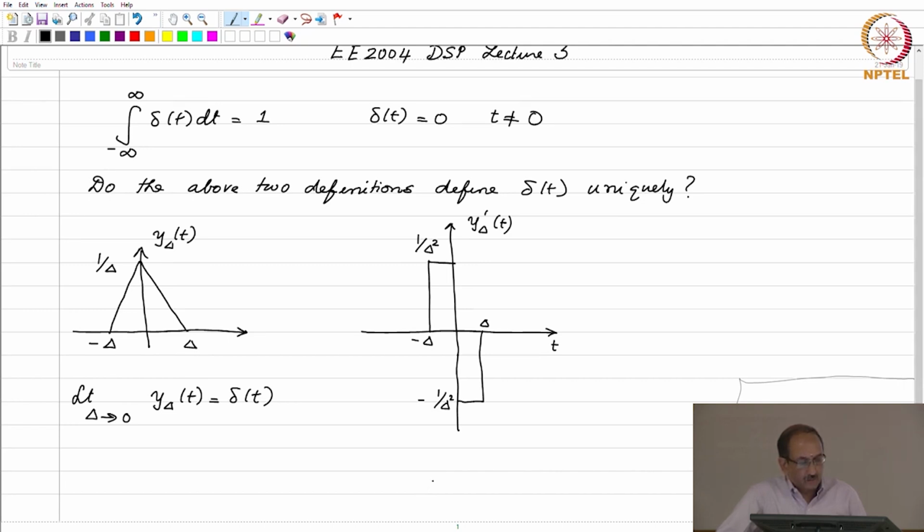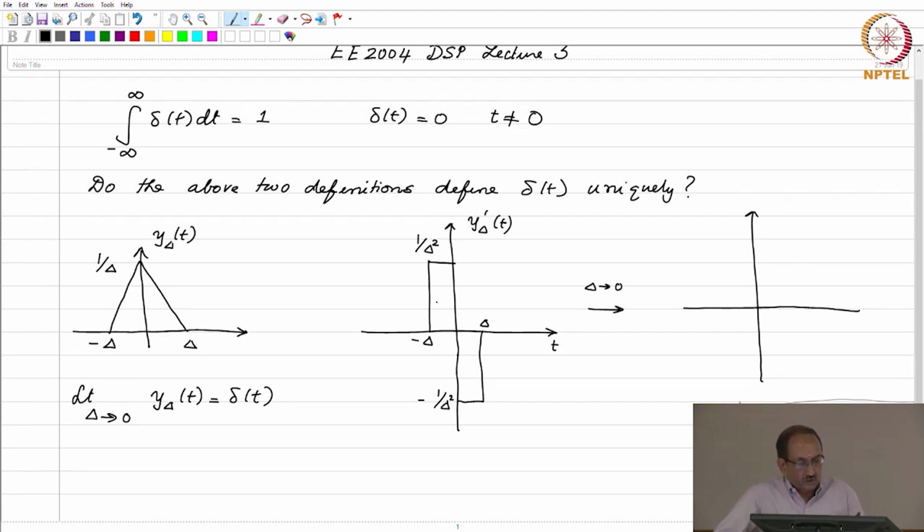In the limit, as delta tends to 0, this seems to approach this function.